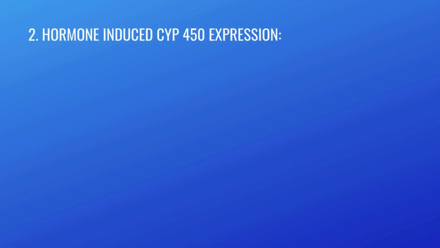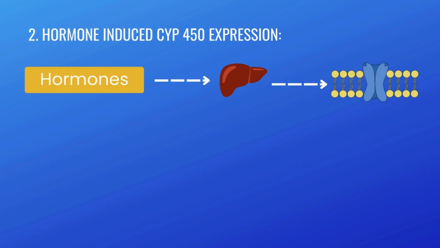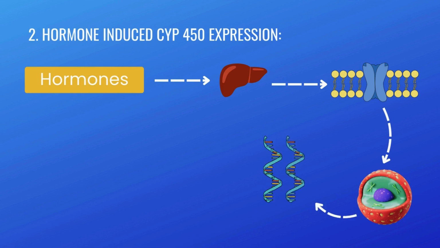Let's see another mechanism involved in enzyme induction, which is hormone-induced cytochrome P450 expression. This means certain hormones, when they enter the liver cell, bind to receptors inside the liver cell and signal the nucleus to produce more mRNA.